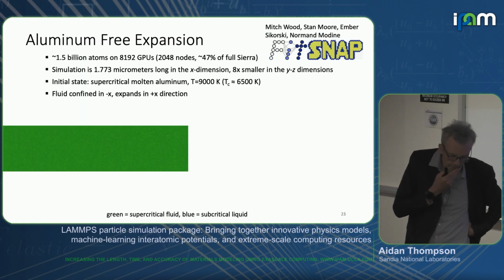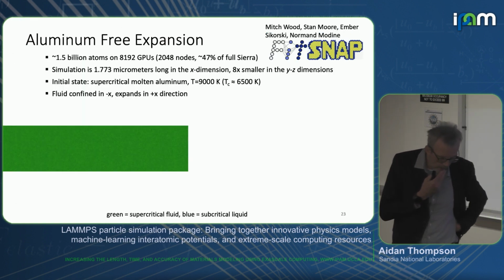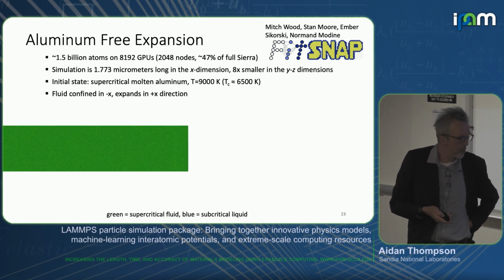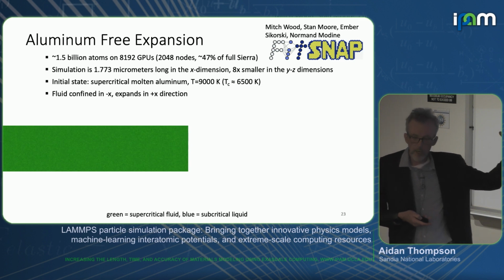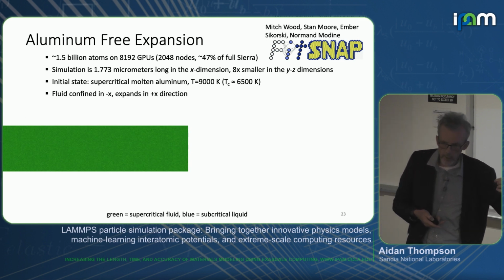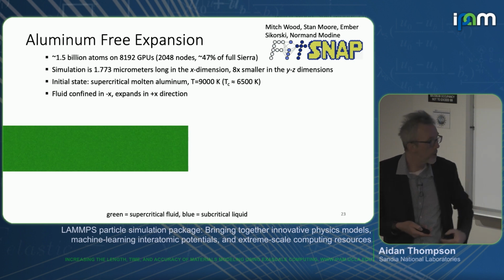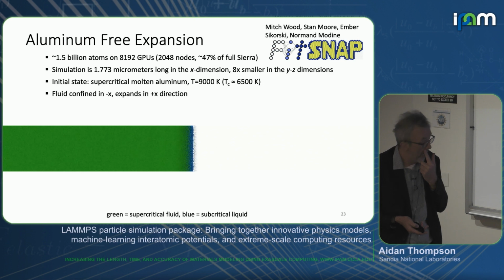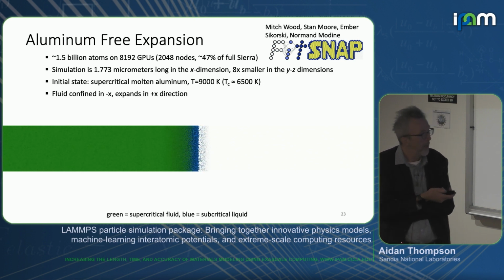Similarly, at Sandia, we've developed a SNAP potential for aluminum, supercritical aluminum coming down into the vapor-liquid coexistence region. So initially, this very hot molten fluid then cools upon expansion into separate vapor and liquid components. And this is an interesting science application for Sandia, I'll just say that.